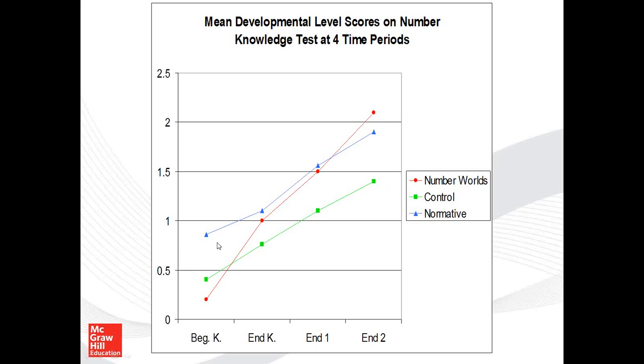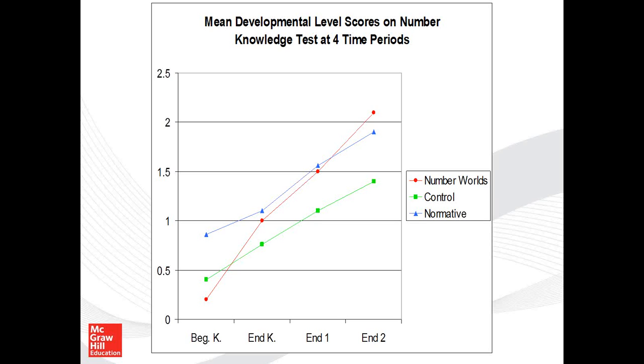Finally, on this graph, if we look at the Number Worlds sample shown here in red, you can see I purposely picked the students that scored the lowest on this number knowledge test. I put them in the Number Worlds group because I thought these are the neediest children. Let's give them every advantage we can to gain some number sense and number understanding. So they were definitely the lowest, almost half a year below the control sample at the beginning of kindergarten.